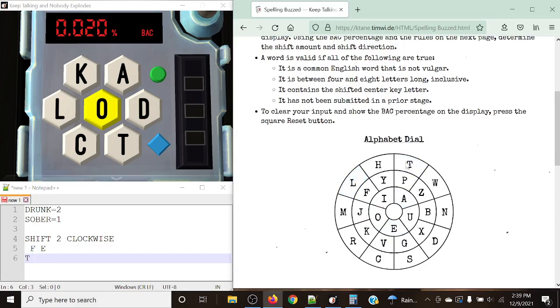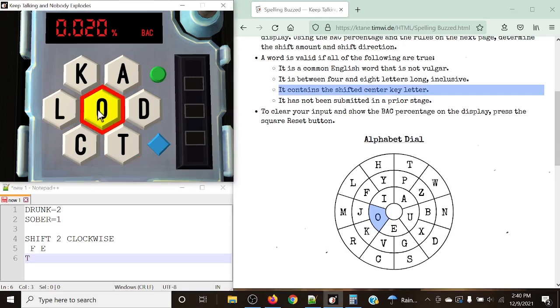Oscar. Now, one of the things that you'll know is that with each of the vowels, with the center one, it's always going to be a vowel. So we immediately know that this will be shifting from a vowel to another vowel. There will be always a guaranteed vowel present in the actual word. So this is why this is important, because this actually needs to contain the shifted center key right here.